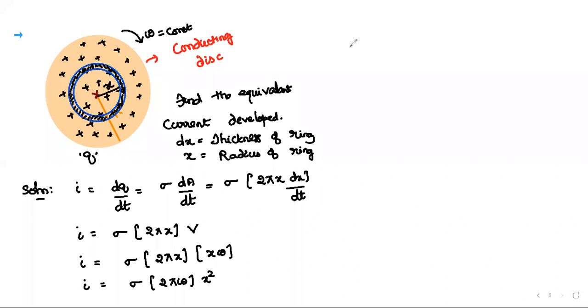Okay. That implies I equals, if you want to substitute sigma, why? Because sigma is not given to you, Q is given. Sigma is total charge divided by total area, that is pi r square, where the total radius is r. Times 2 pi omega times x square. Means you are getting Q omega into x square upon r square.